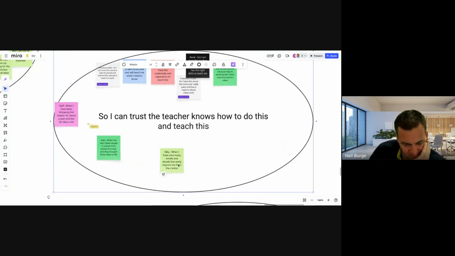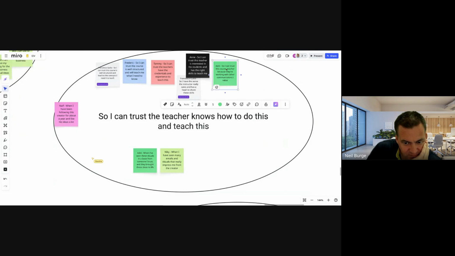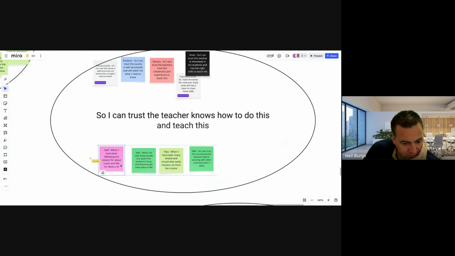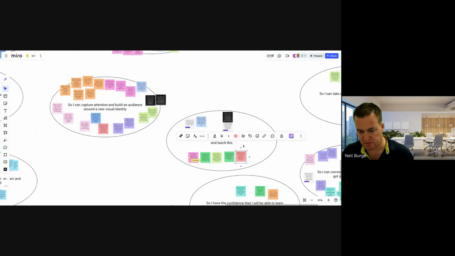This is. Well structured. Care about the teacher, has the credentials. I don't know where that goes. That's here. So I think there's two.